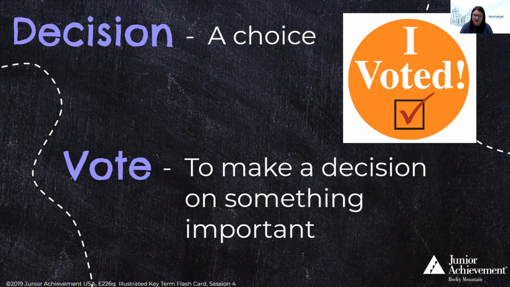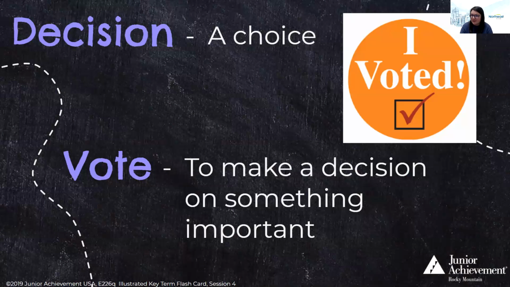So let's define a decision. A decision is a choice we make. We are constantly making personal decisions, such as what to eat for breakfast or what to wear to school. Communities often need to make decisions as a big group, such as using tax money to build a new park or fix the roads. When a group of people make a decision together, they do it by voting.